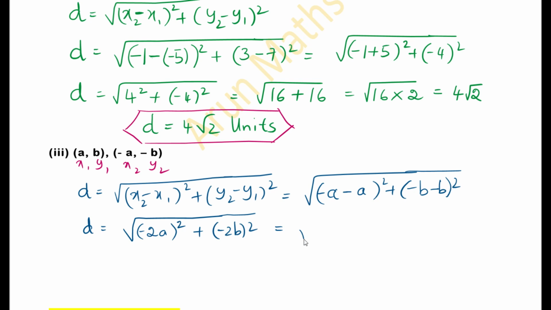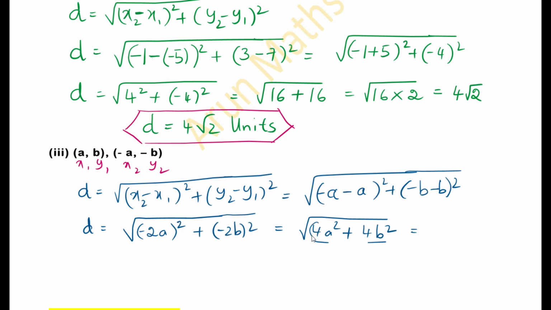Now what we get? Minus 2a whole square equals, now first multiply minus 2 twice, that is minus 2 into minus 2 we get 4, then a square, we get 4a square. In the same way, minus 2b whole square will give 4b square. Now students, what is common in these two terms?